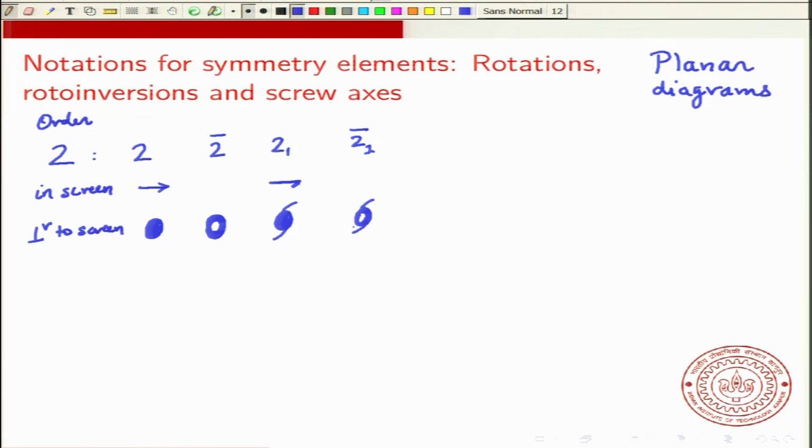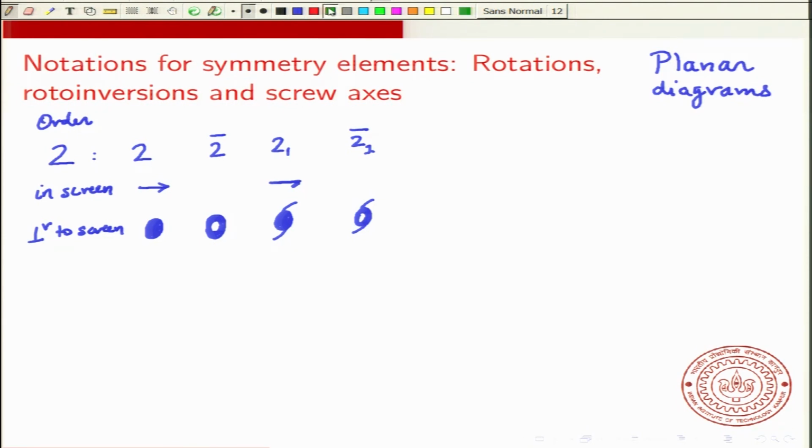And we generally don't show the 2 bar axis in the screen of the paper. What else can you have for the screw axis? These are all the possibilities that you can have for a two-fold axis.